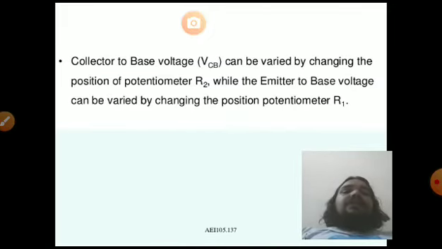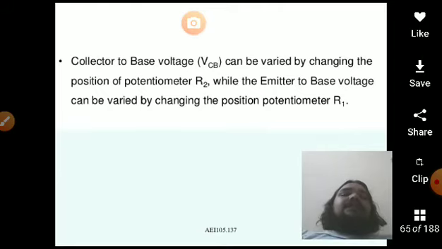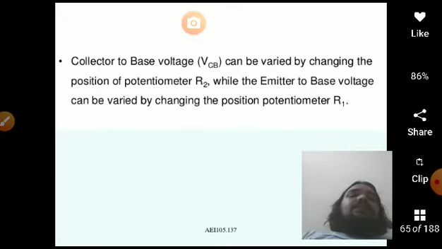Collector to base voltage can be varied by changing the position of the potentiometer R2, while emitter bias voltage can be varied by changing the position of the potentiometer R1.